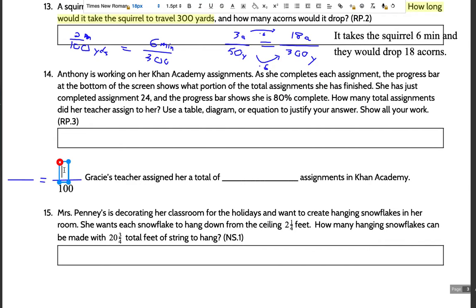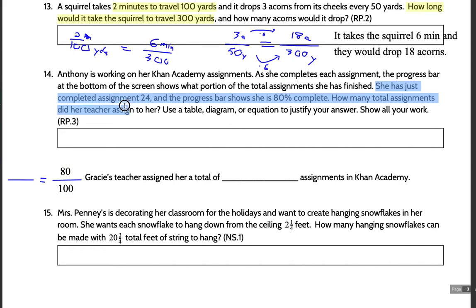So that would go up here. 80 over 100 represents the 80%. And then it says, she has just completed assignment 24. So does 24 represent all of the problems or some of the problems?